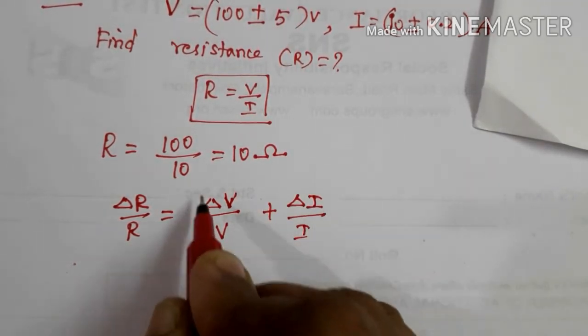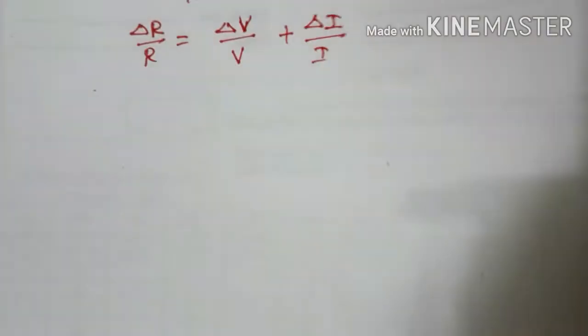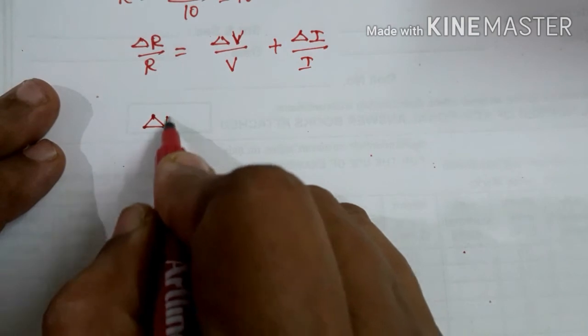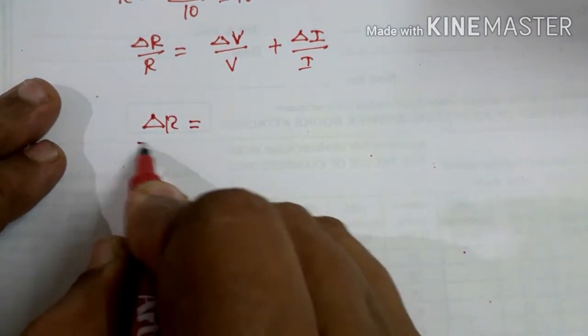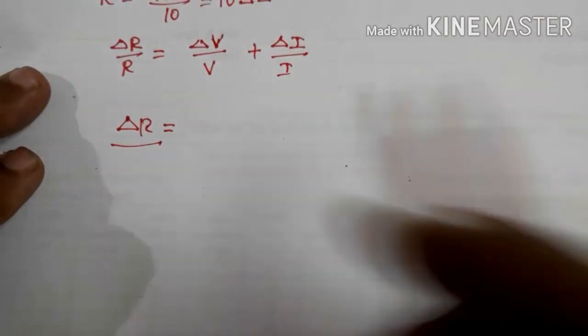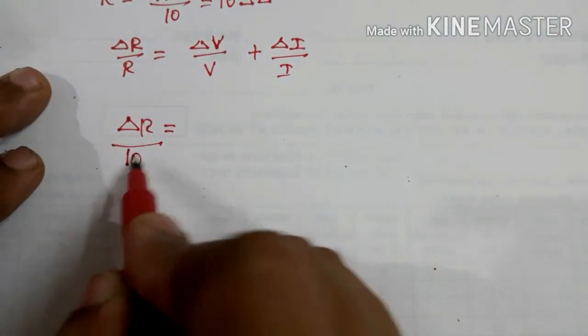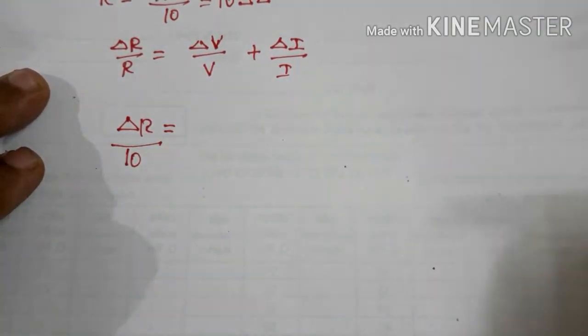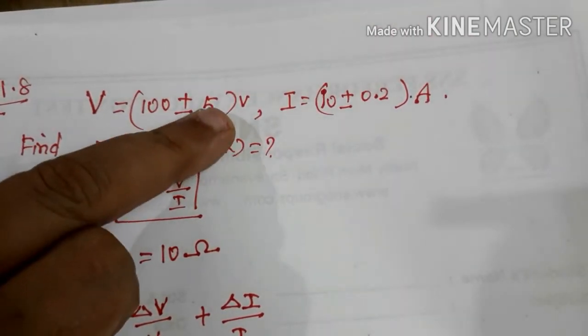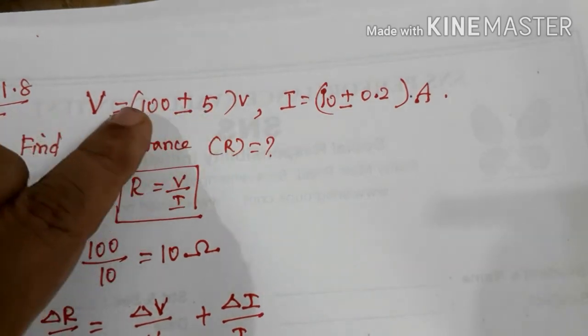Right? So our aim is finding delta R, and hence the R. Delta R divided by what R value are you getting? 10, right? R is 10. So instead of this R I am substituting 10. What is delta V, children? Delta V is 5. Delta V by V, so 5 by 100.